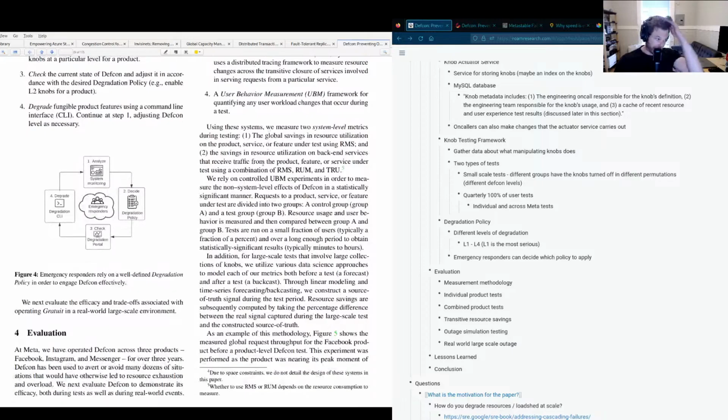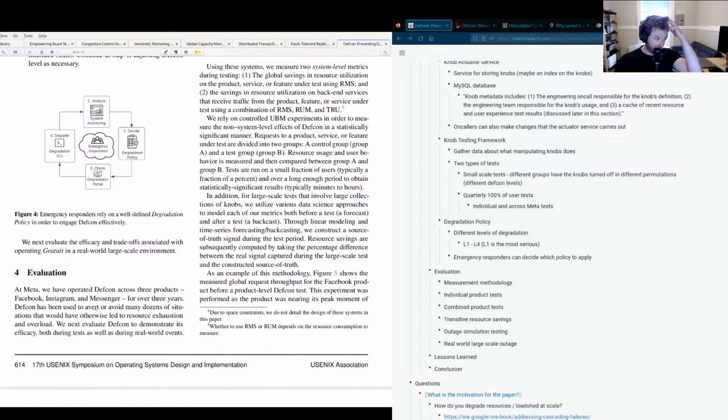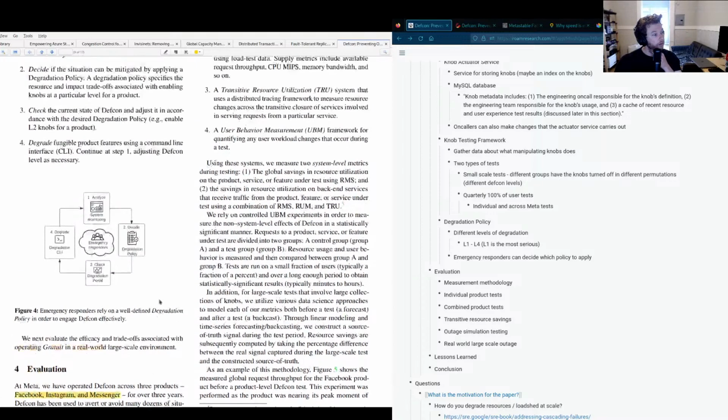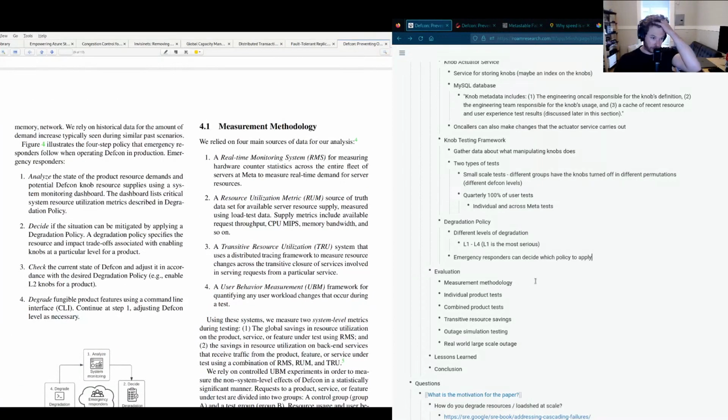Okay, so now how do they evaluate it? They use it across Facebook, Instagram, Messenger. Okay, so how do they measure?